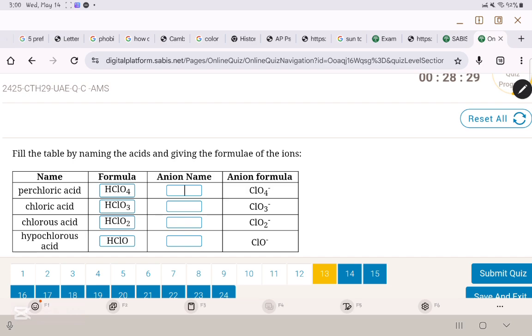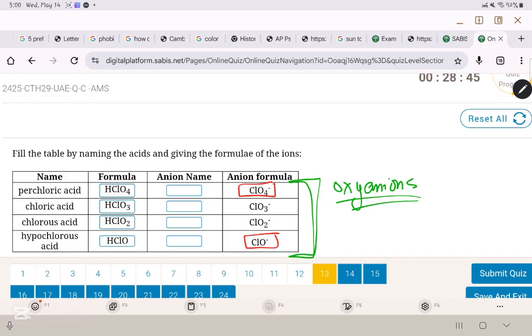Very simply, how do we name the anion? We have 4 different anions over here. These are oxyanions. So how do we name them if we have 4 different anions? We will take the one with the most oxygen and the one with the least oxygen, and keep them aside for last, and we will deal with the ones in the middle. The one that is closest to the least will take the ending "ite."